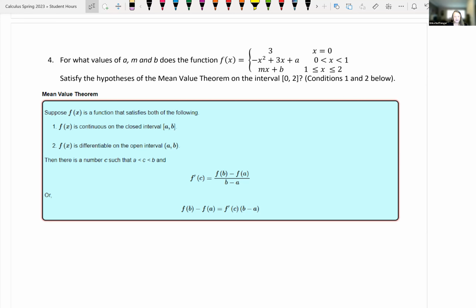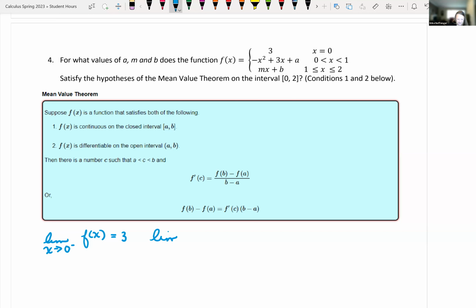So notice that the value 3 is continuous at x equals 0 only if it's the same value as if we took the limit on the right-hand side of 0. So if I look at the limit as x is approaching 0 on the left of f(x), this is giving me a value of 3.